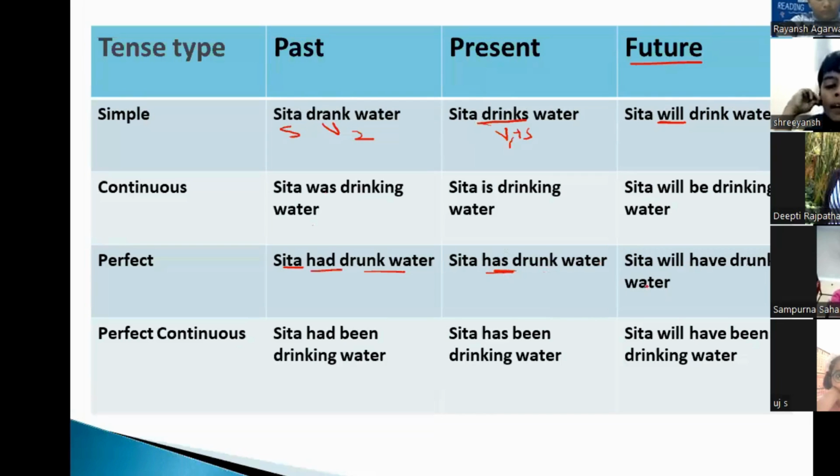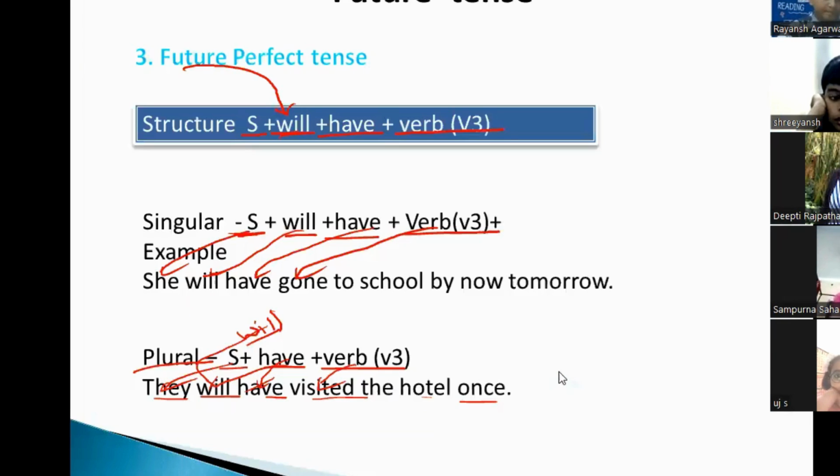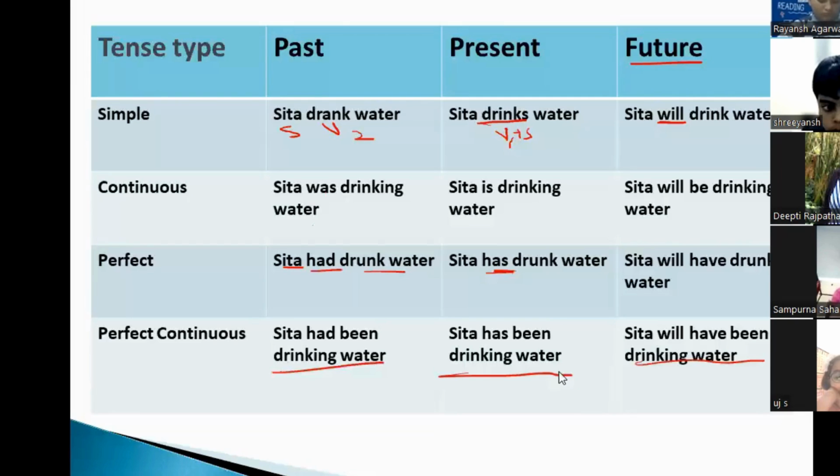Sita will have drunk water is our future perfect tense. This is not for us, this is for higher grades. So is this clear to everybody? Yes, ma'am. Okay, students.